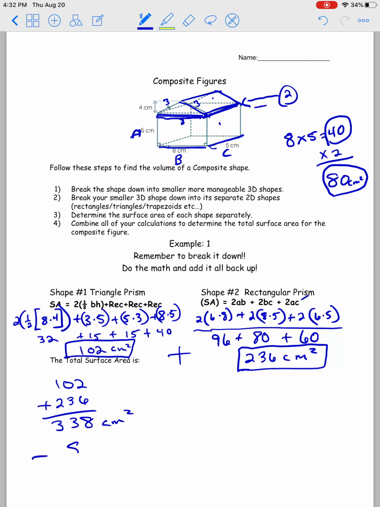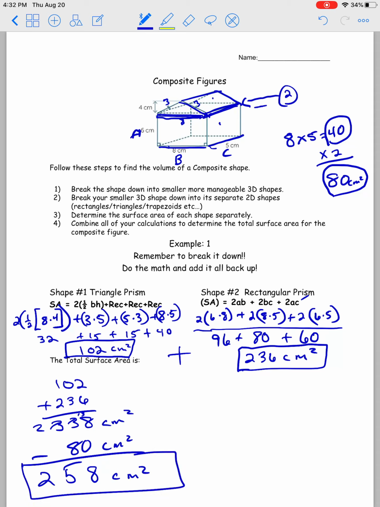Okay? So minus 80 centimeters squared. That is going to be 258. So your new measurement is 258 centimeters squared.